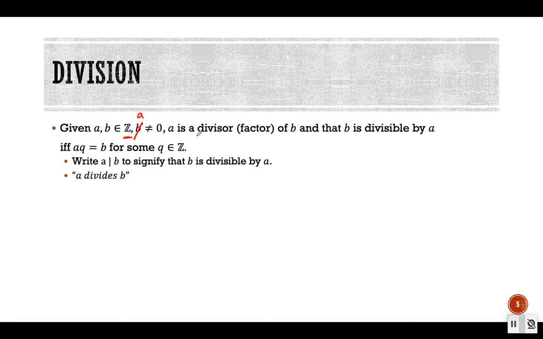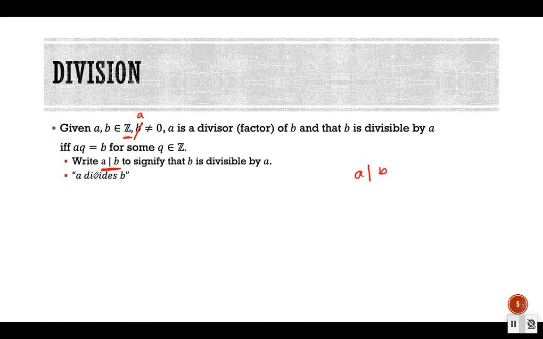So a is a divisor of b, and we say that b is divisible by a. We write it like that: a divides b. This is read as a divides b, a is a divisor of b, or a factor of b, or b is divisible by a.